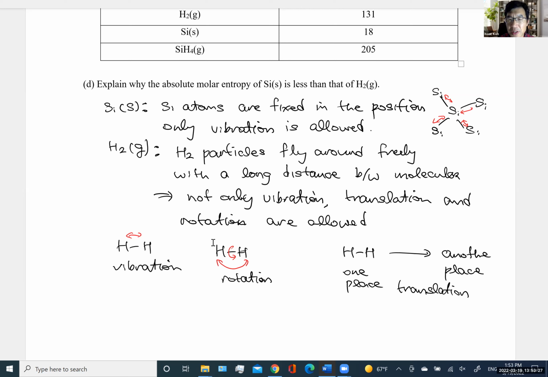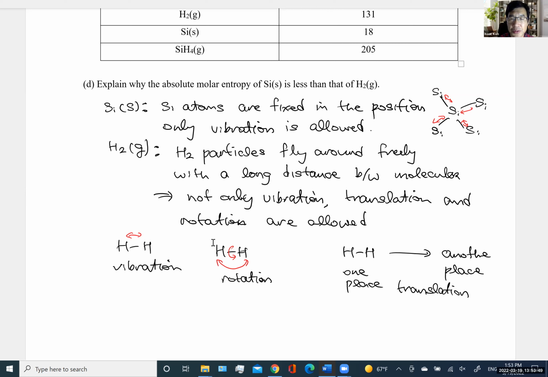What about hydrogen gas? In the gas state, the distance between the particles is relatively large. So hydrogen gas is relatively free, moving and taking all different motions, freely rotating, vibrating, and moving from one position to another.